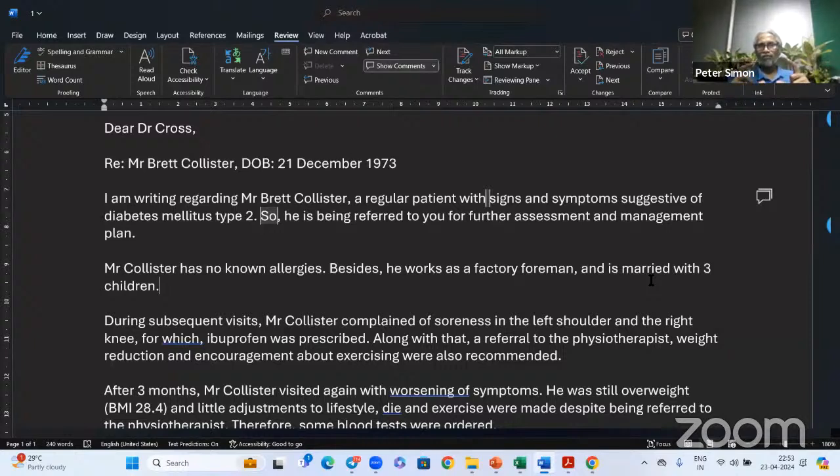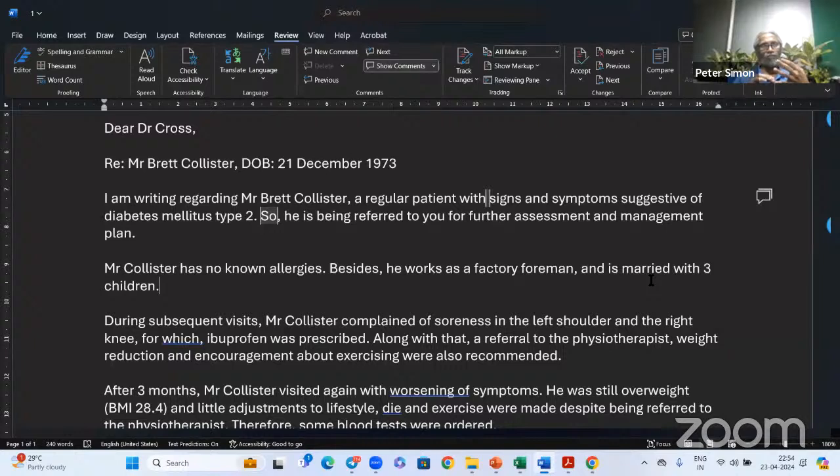Relevant information is relevant because of the problem, and because of the person who is going to deal with this patient.